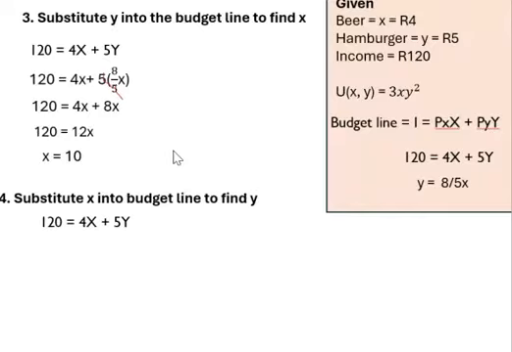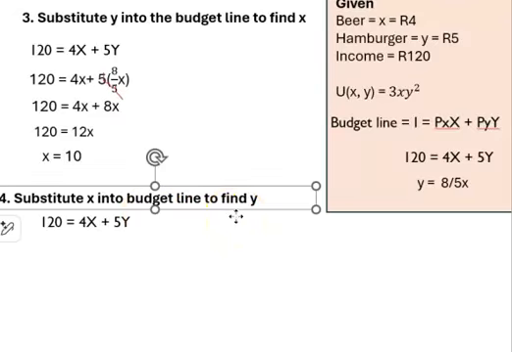So now we know what x is. Now we substitute x into the budget line.